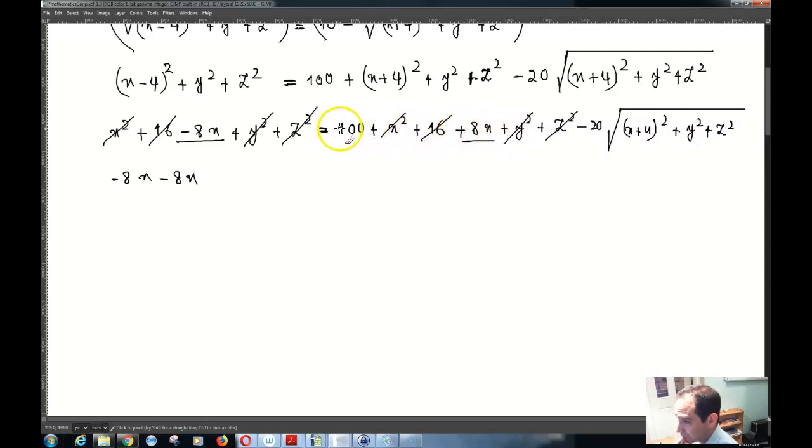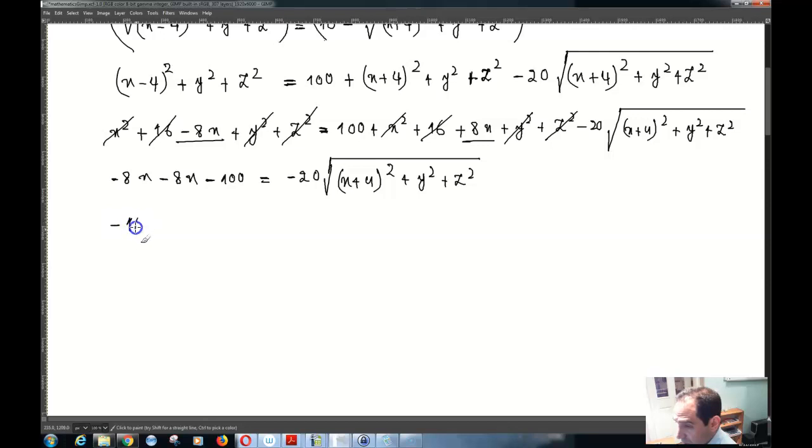So you can write negative 100 is equal to negative 20 times the square root of (x plus 4) whole squared plus y squared plus z squared, which is basically equal to negative 16x minus 100 is equal to negative 20 times the square root of (x plus 4) whole squared plus y squared plus z squared.